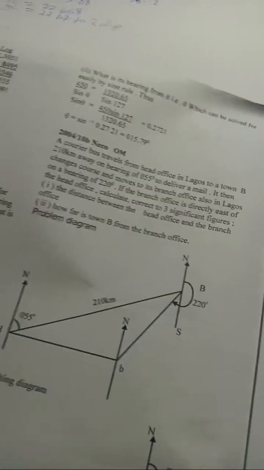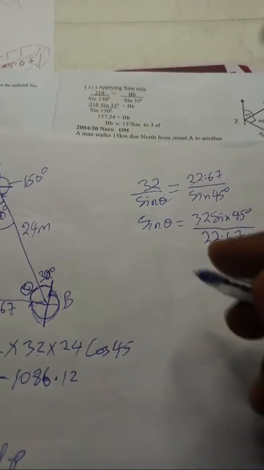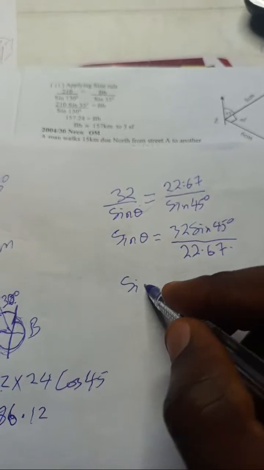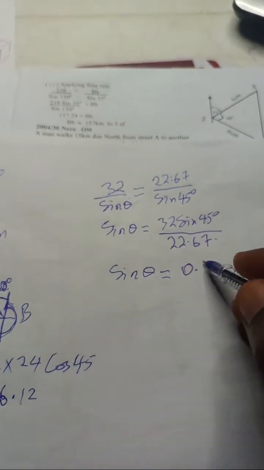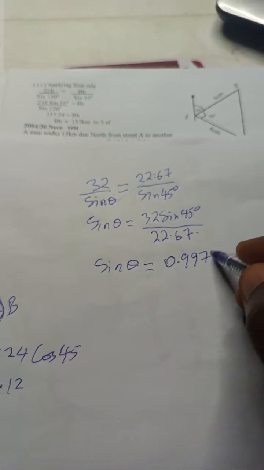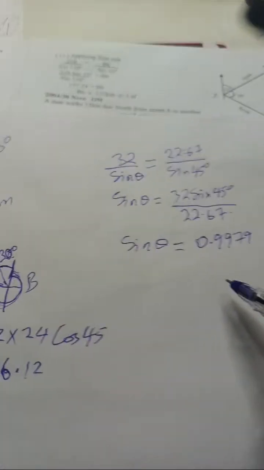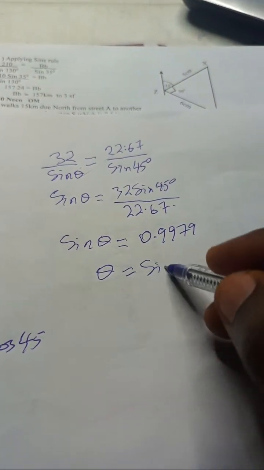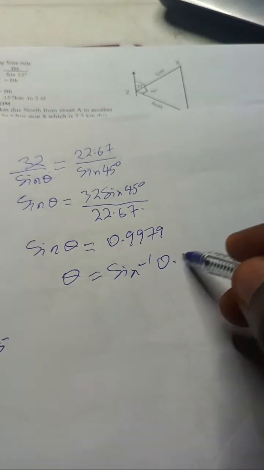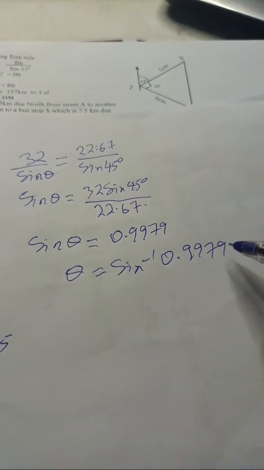So what do we get at the end of the day? We now have our sine theta equal to 0.9979. It is from there that you now have theta is equal to arc sine of 0.9979.